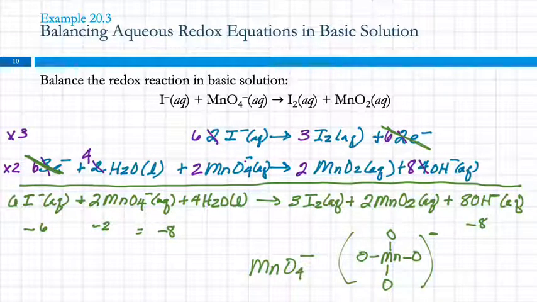So we don't want to take these subscripts here and multiply charges. We could identify what the oxidation states are for the oxygen and the manganese, but my guess is nobody wants to do that. Any other questions?